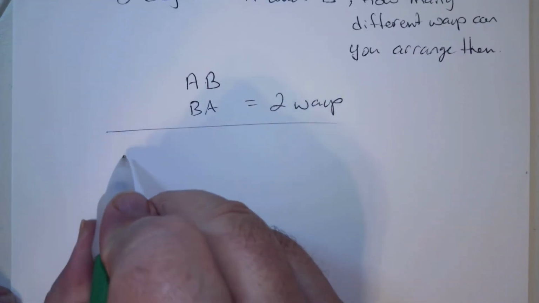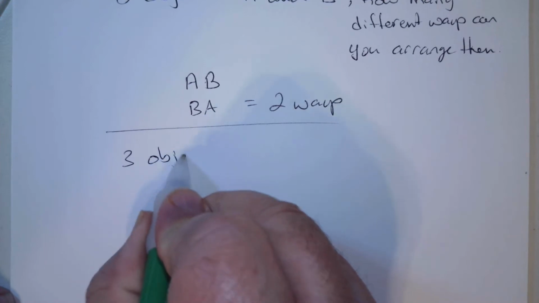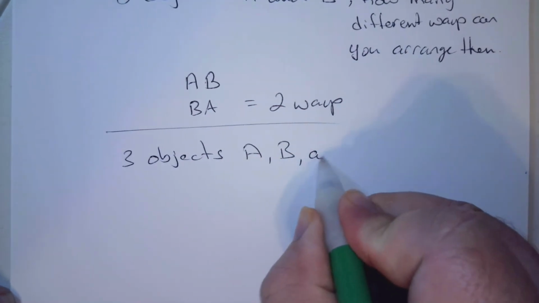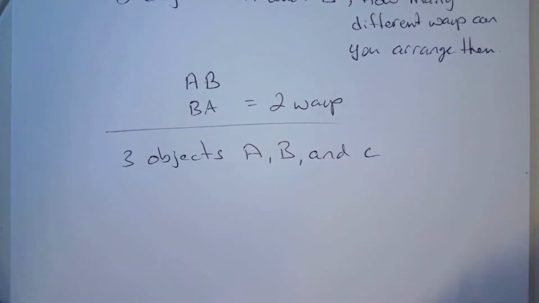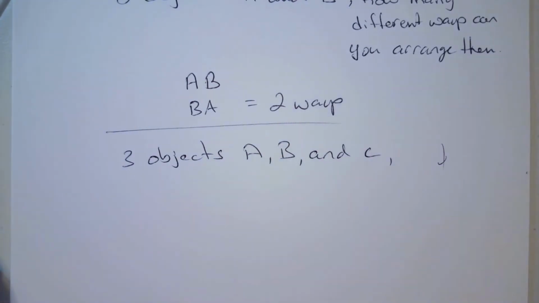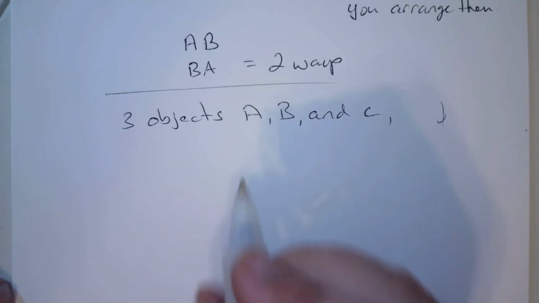Let's get bigger. What if we have 3 objects, A, B, and C? Same question: how many ways can we arrange them? Let's look at this one graphically.